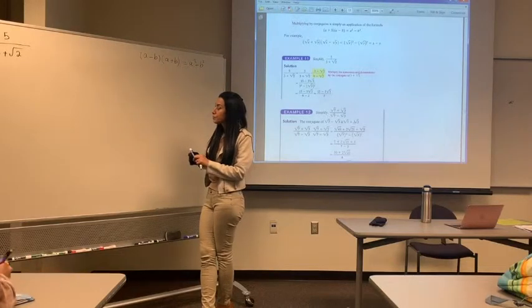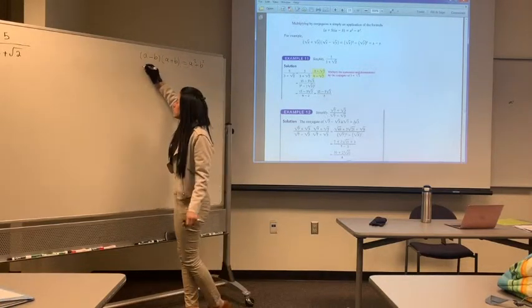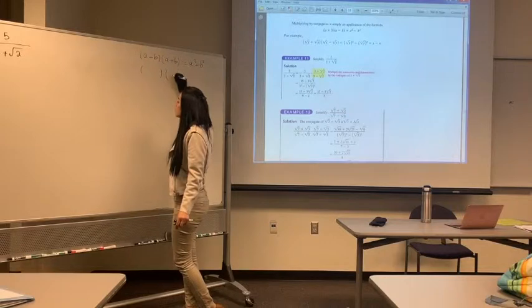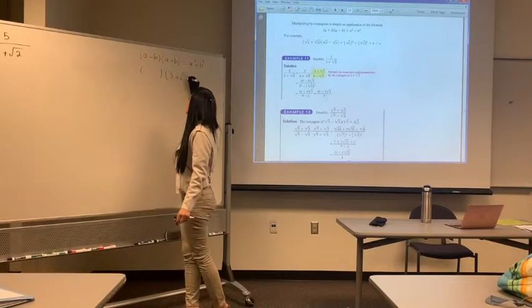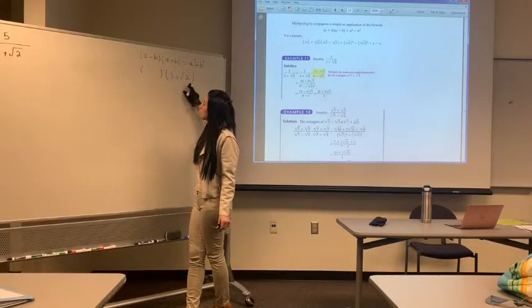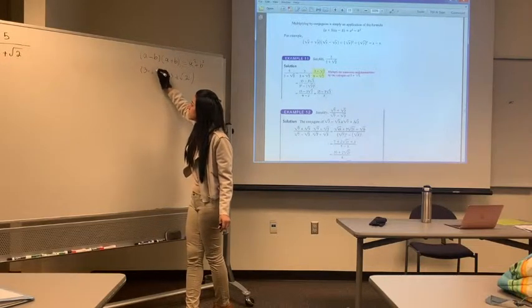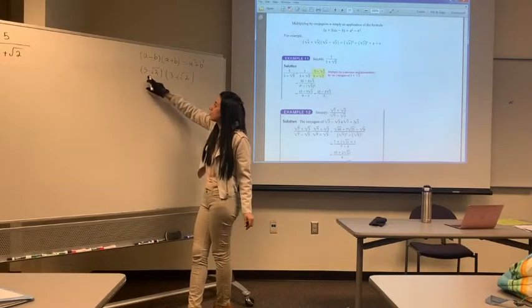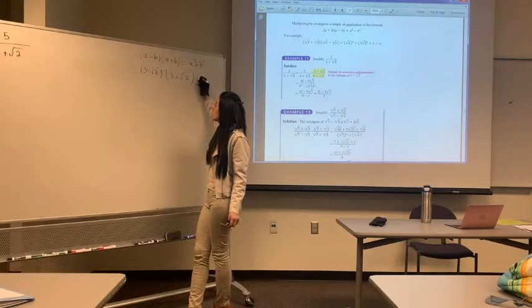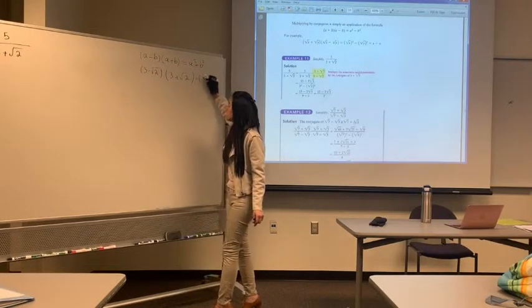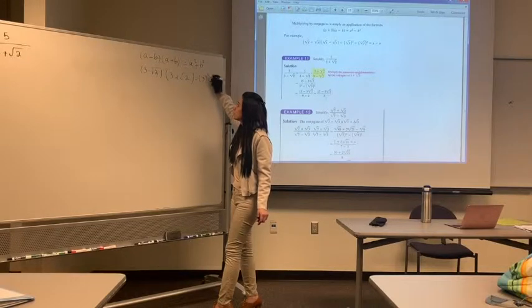So this says if we have the same thing in this parenthesis, just with a different or opposite sign, we can square the first number.